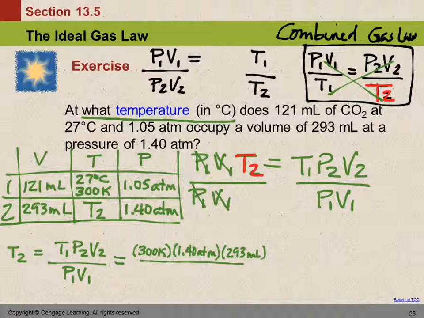And in the bottom we've got pressure 1 and volume 1. And let's double check our units. Atmospheres over atmospheres, milliliters over milliliters. We're left with Kelvin, which is a unit of temperature. It's a good sign.